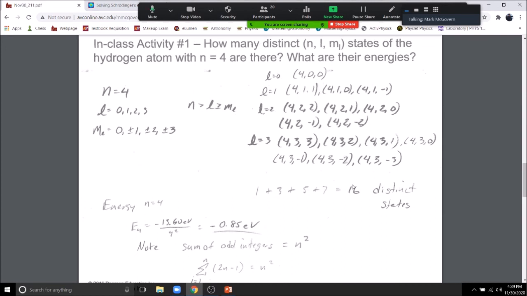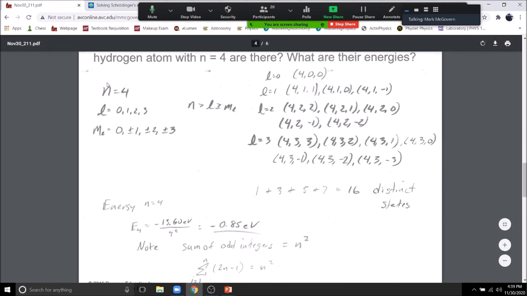Now my next question here just jumps ahead and goes to 4. So it's the exact same problem, except when you have n equals 4, l can go up to 3, and ML can go up to plus or minus 3. So the same ideas apply, but now when we get into l equals 3, we can start getting into that f state where we have 1, 2, 3, 4, 5, 6, 7 distinct states, having 2 electrons in each state for spin up and spin down.